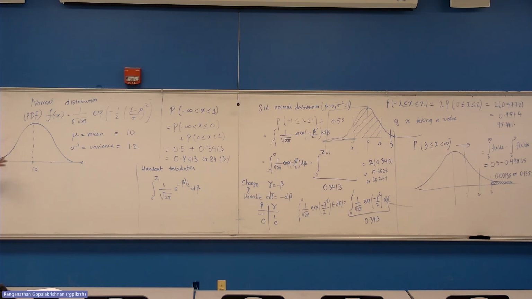Right? The bell curve is now centered around 10 and the standard deviation or the variance of this is 1.2, not 1. Now I'm asking the question, if this is my x, what is the probability that my x will take values which are between 9 and 12?